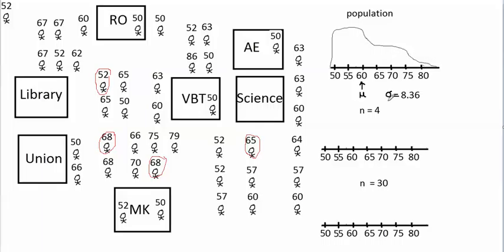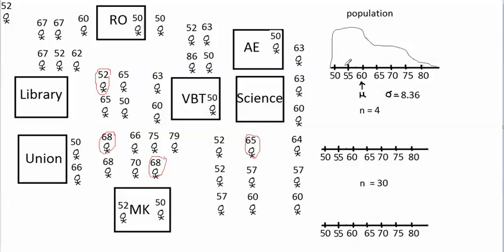This symbol right here is a symbol for a population standard deviation. It's called sigma. This symbol right here is the Greek letter mu. It's a symbol for population mean. We'll probably go over some of those symbols more later, but I just want you to know these 2 symbols right now.